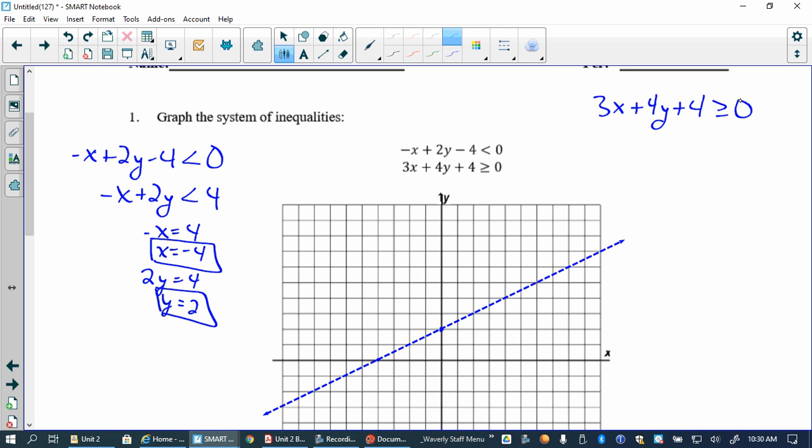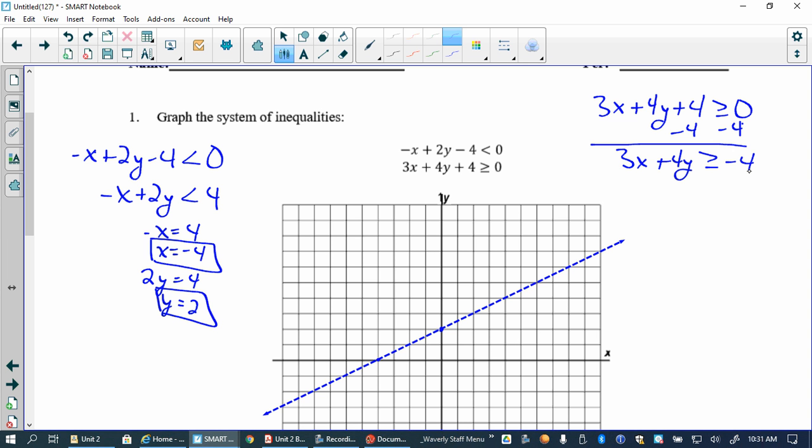Now what do you want to do? I want to solve it for y. Subtract 3x from both sides: 4y greater than or equal to -3x minus 4.